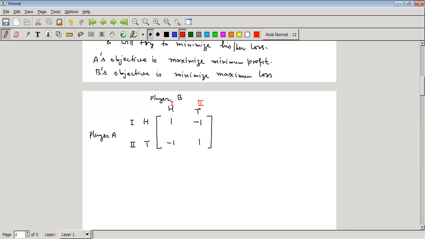So if player B also shows head, then A gets ₹1, right? If player A fixes his or her strategy, that is the first strategy, then what will player B do? If player B also shows head, then A gets ₹1. In the second, in the third time, if they follow the same strategy, A follows the first strategy, B also the first, then A again gets 1.